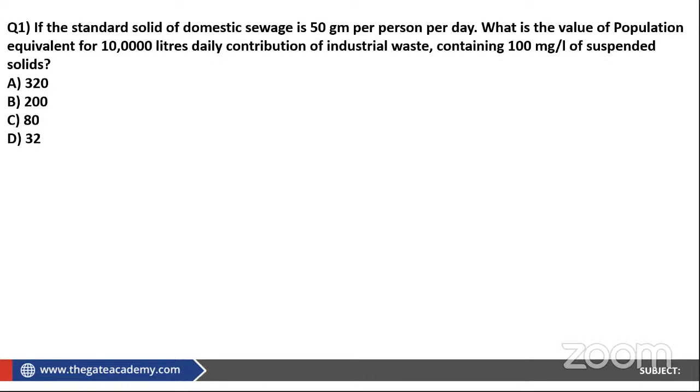Very good, Krishna. Very good, Shantan. What about the others? Very good, Shaurya. Solve it fast. Only 3 students have given the correct answer, that is Krishna, Shantan, and Shaurya. What about the others? Solve it fast, beta. We need to find the population equivalent here. Which option is correct here?